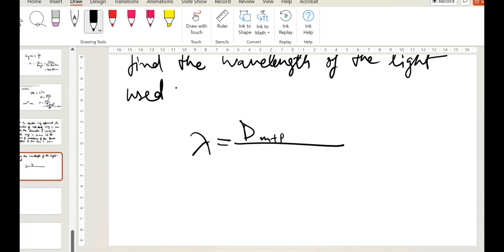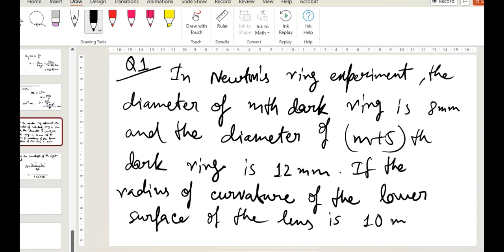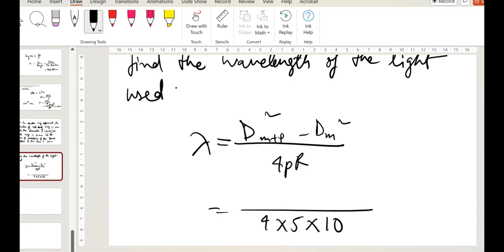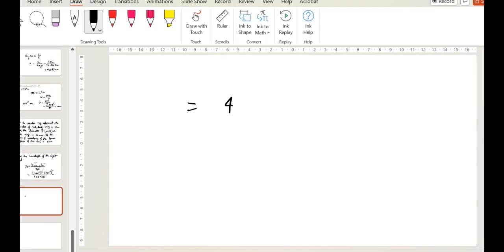So lambda is D_(m plus p) square minus D_m square by 4pR. So we know p is 5, R is 10 meter. And D_(m plus p) is 12 millimeter, and this is 8 millimeter. So basically 12 into 10 to the power minus 3 whole square, minus 8 into 10 to the power minus 3 whole square. If we put these values, we get this value in meter. So when you do the calculation, that will come to 400 nanometer.